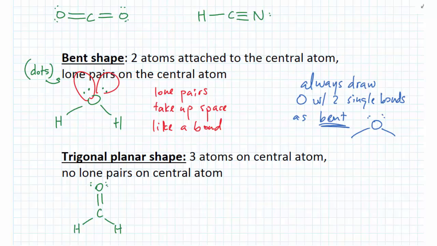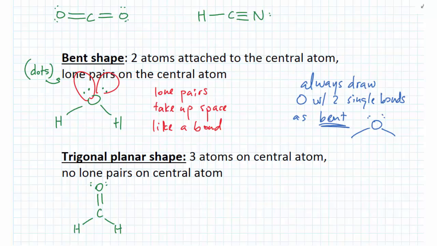So if you look at this from the side, okay, all of those atoms fall within, I'm holding this, all of those atoms fall within the same plane, okay, like that. Another way of thinking that is if you set this molecule down, it would sit flat on the table. Okay? So trigonal planar, 3 atoms, but flat. Okay?